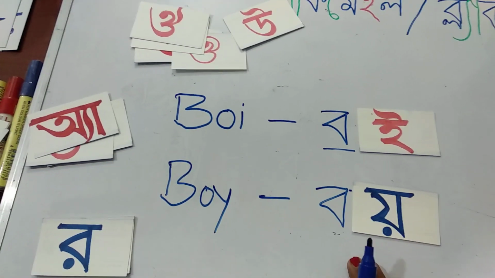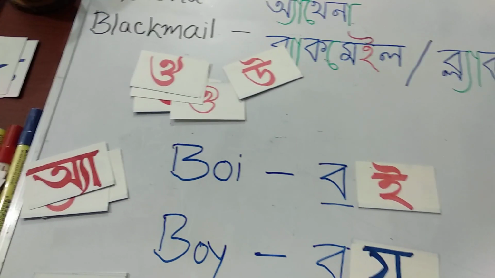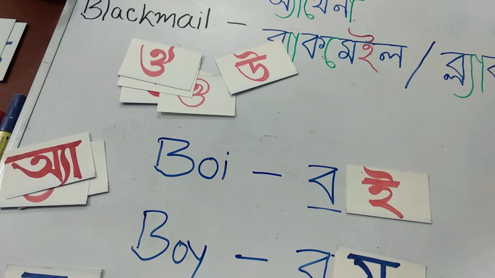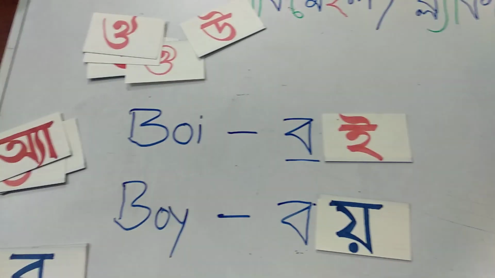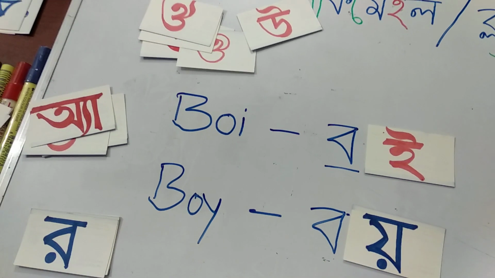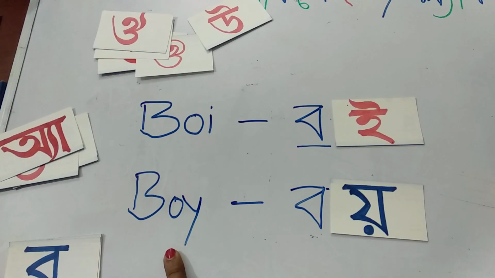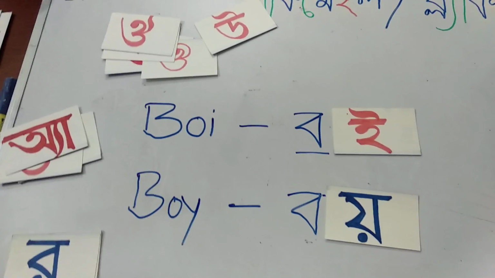So this is boy. Okay, so rule number 1, if O appears at the end of a word, it would be pronounced as oi, as in boy. Okay, so that was rule number 1.